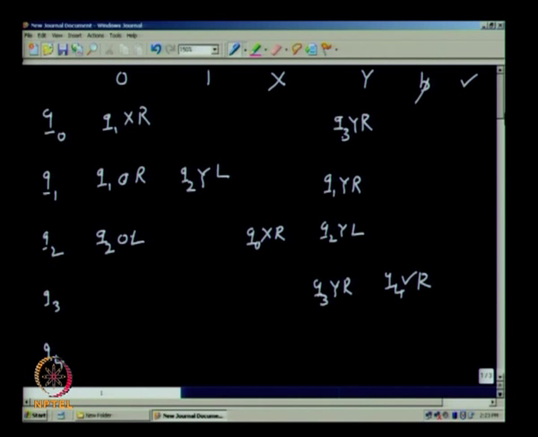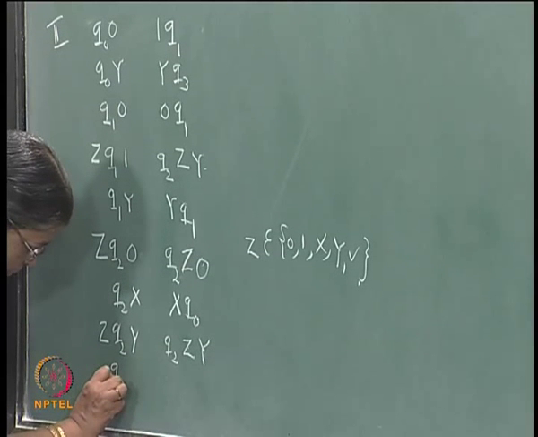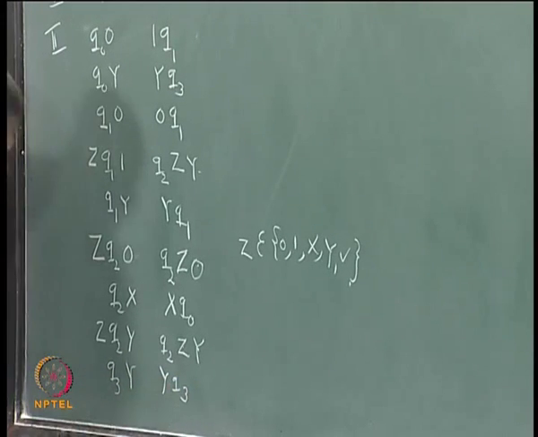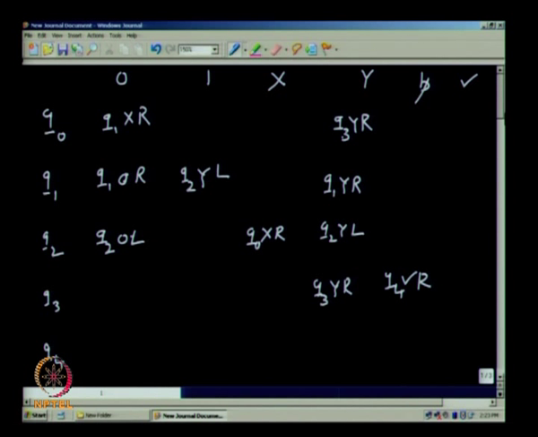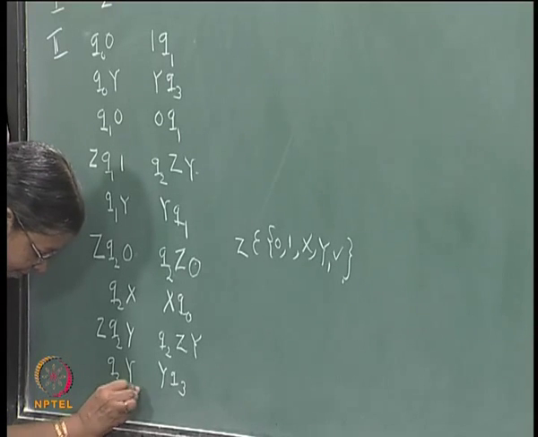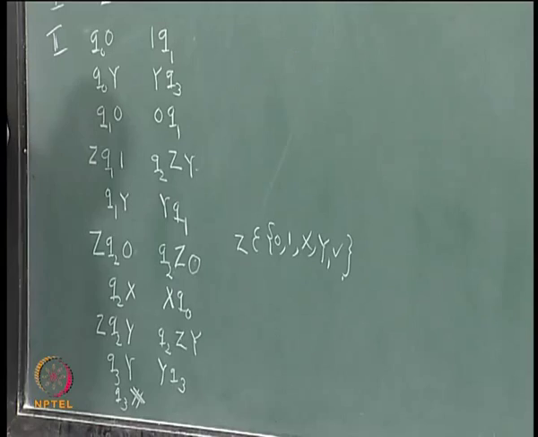Then Q3 Y is Q3 Y R, and Q3 blank is Q4 tick mark, for that you have hash.